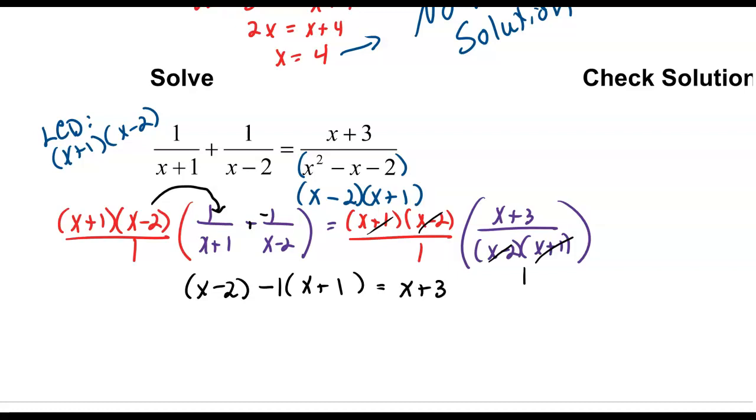Okay, can we now make sure this works? Yep, so we simplify. So we get minus x minus 1 equals x plus 3. Guys, can we combine like terms? Yeah, if we combine like terms, what do we get here, my friends? So it should be a negative 3 is equal to what?